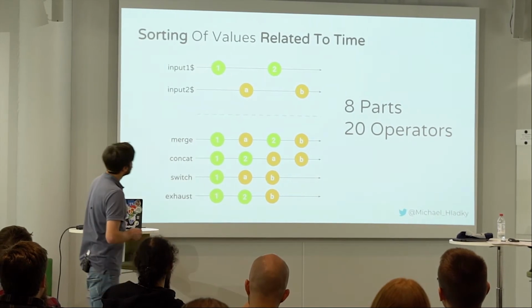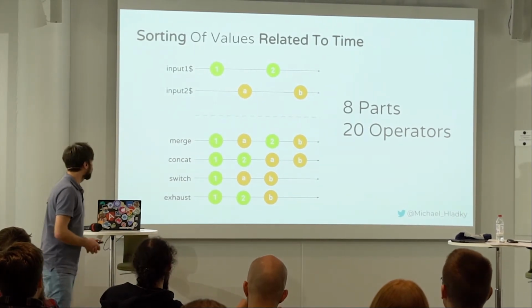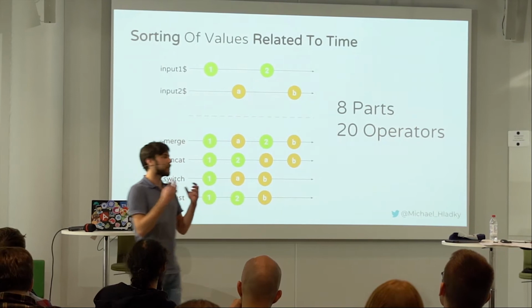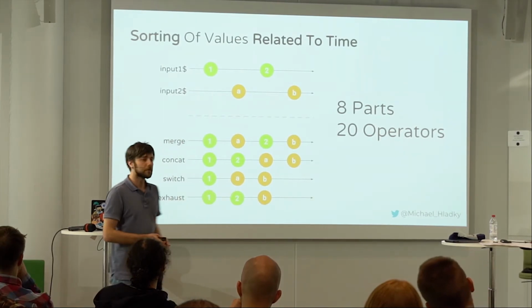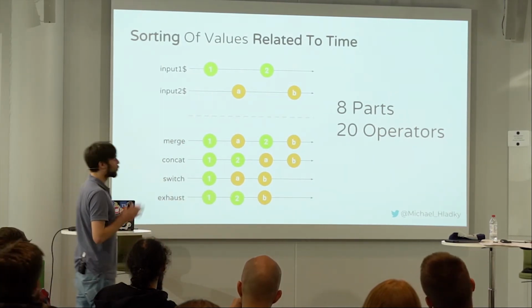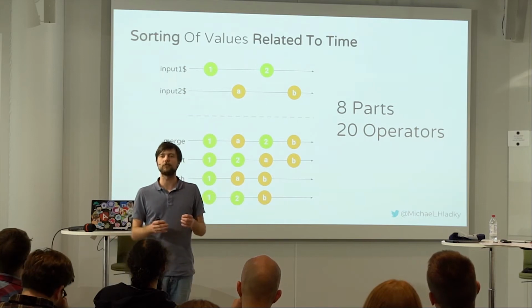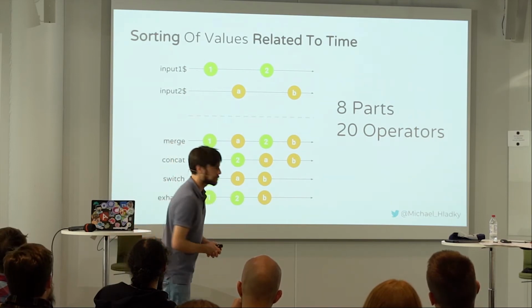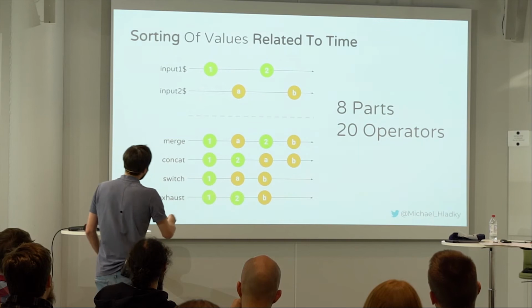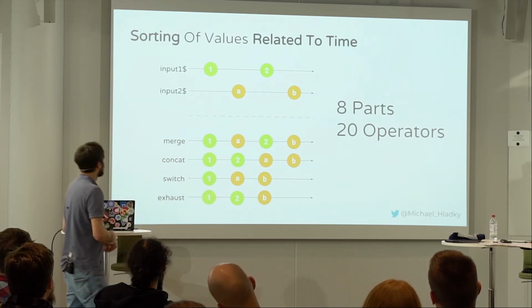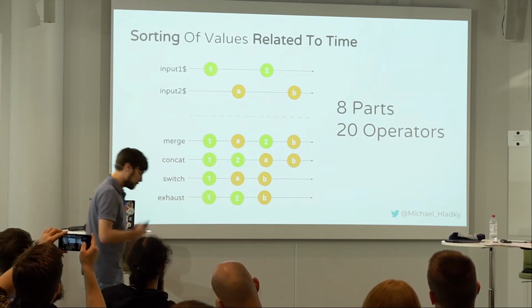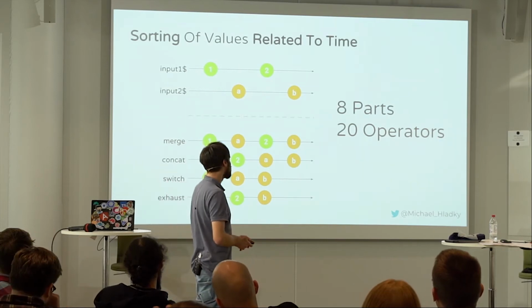First of all, here we see an overview, and all those operators have something in common. All of those operators sort values related to time. Here you can see the output of all those different operators, so the order of what is the result of all those operations.